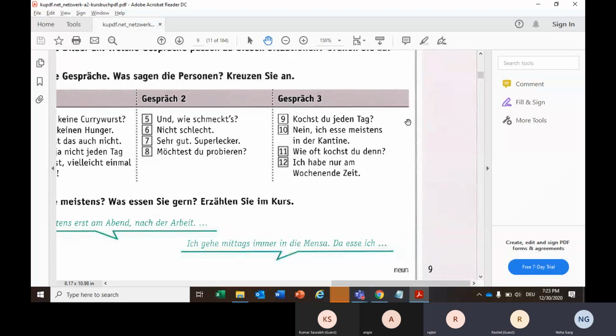Saurabh, what is your answer? 9 and 11. Okay, so 9, 10 und 11 waren da. Rachel, 12 was not there. There was a similar tense in the last part, it was almost similar, but not the same sentence.